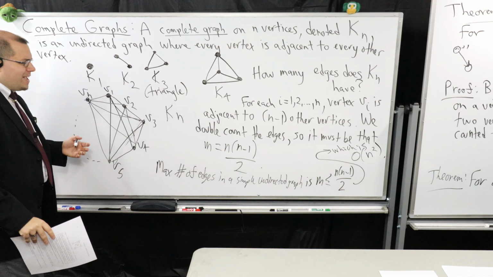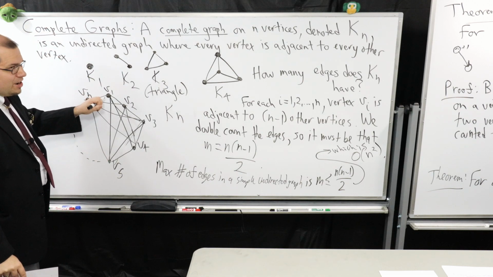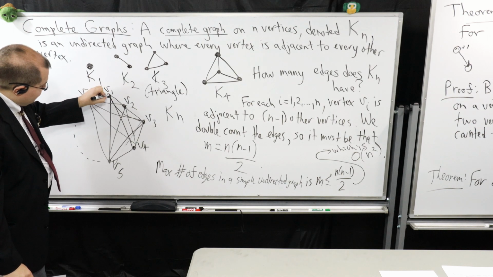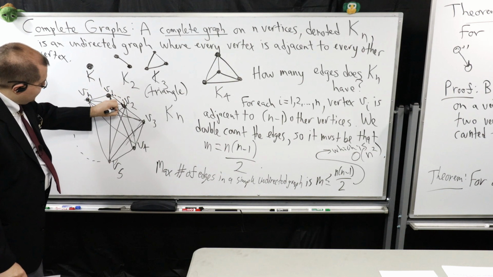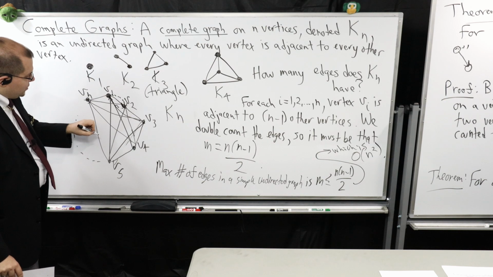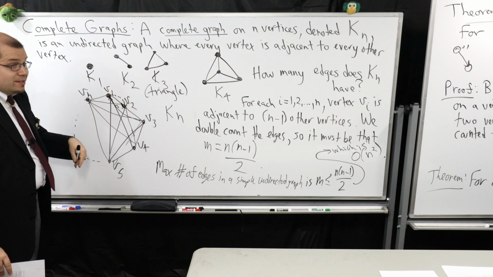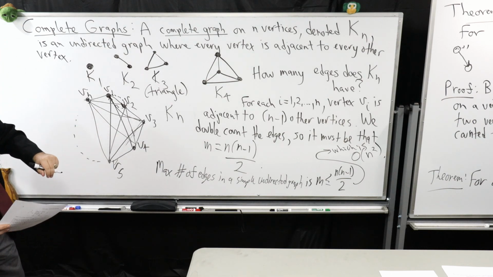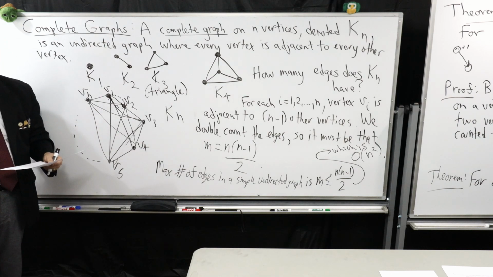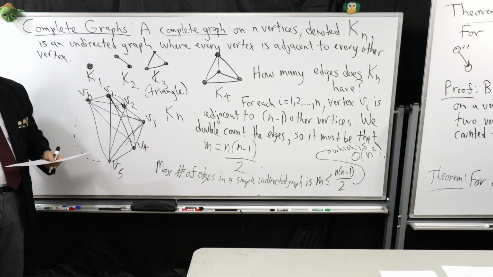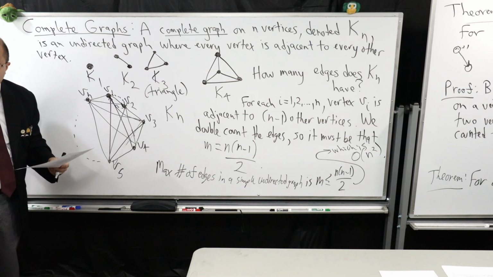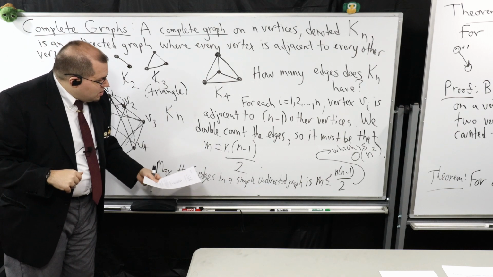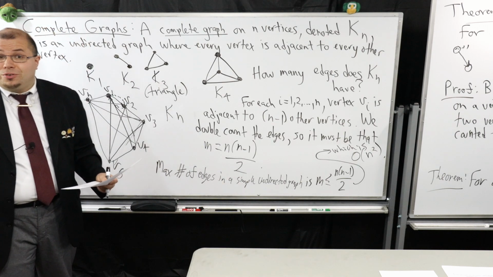Remember the last day I talked about how you can replace any undirected edge with two directed edges. So this double counting actually doesn't happen there. For directed graphs, you don't have the division by 2, but you still end up with a quadratic number of edges in relation to the number of vertices. So this serves as a nice asymptotic upper bound on the number of edges for any simple graph.